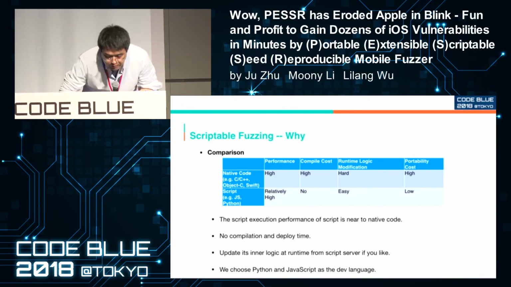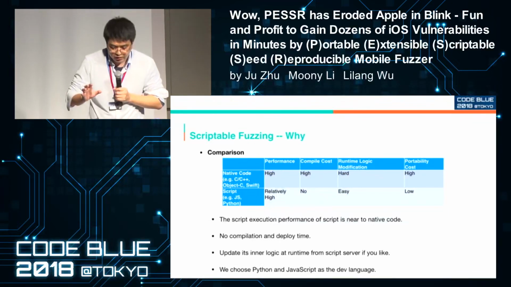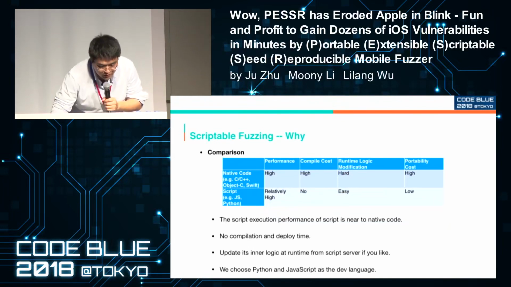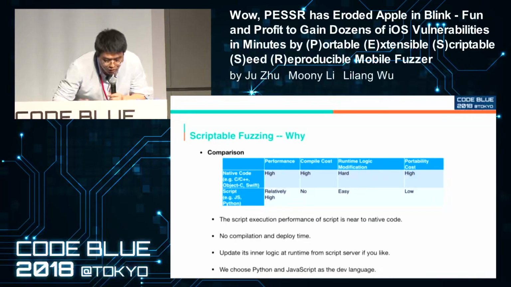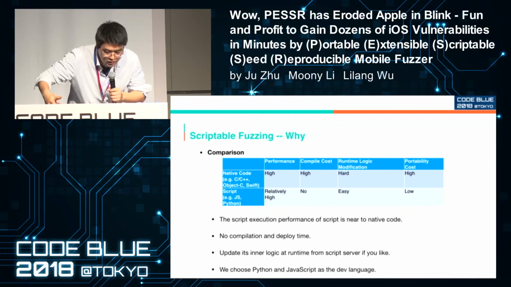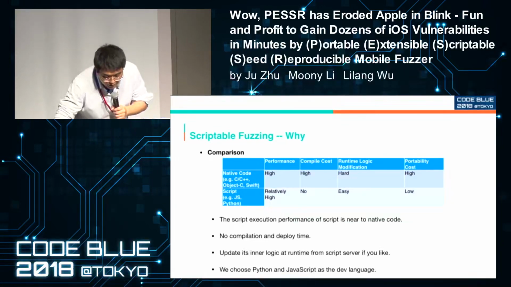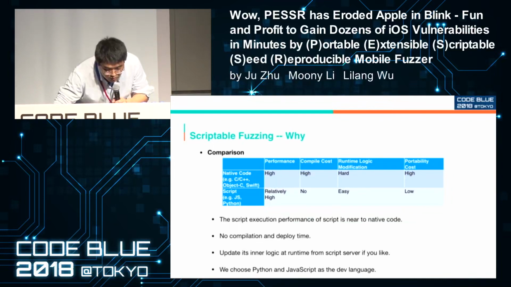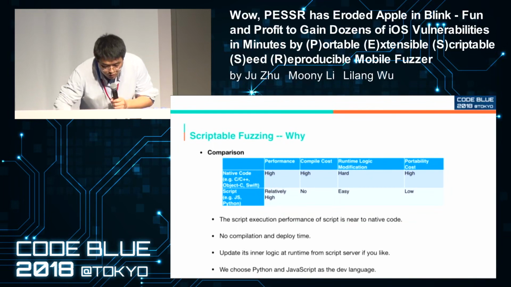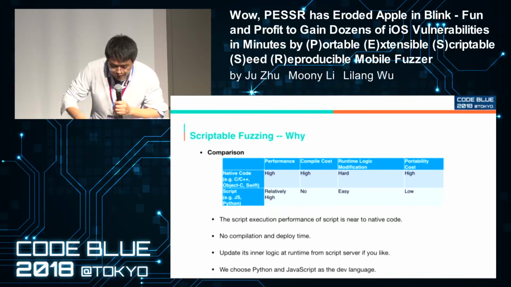Actually, for the fuzzing agent, there are different kinds of implementation. For example, you can implement it using native code, such as C, C++, Swift, or any other object-oriented language supported by Apple. The other option is script, such as JS or Python. We will compare the different implementations along different dimensions.